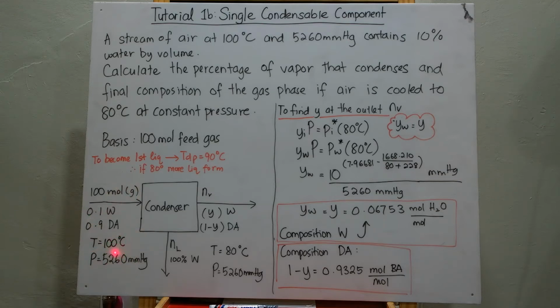Okay, superheated state. Right, and then this superheated gas is put into condenser where this gas will be condensed at 80 degrees C. So from 100 degrees C inlet, it will be cooled to 80 degrees C. So definitely some parts of the single condensable contained in this gas will become liquid.